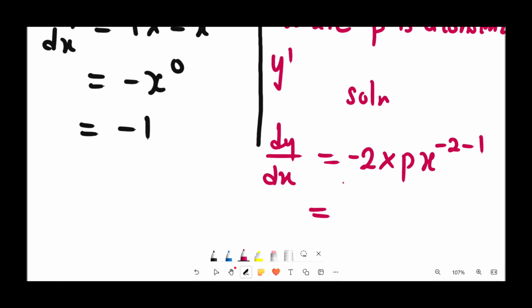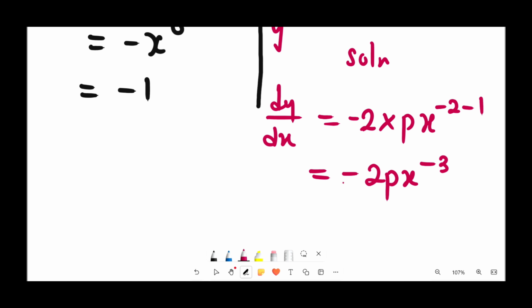So this will give us negative 2p x having a power of negative 3. All right, so it's very simple. I hope you really enjoyed this particular lesson.